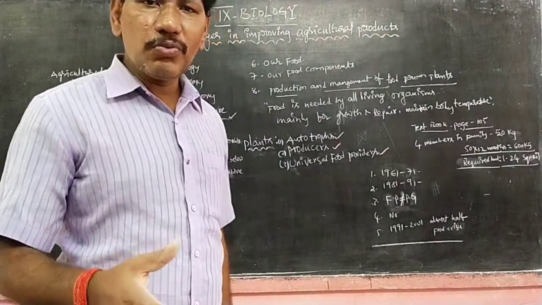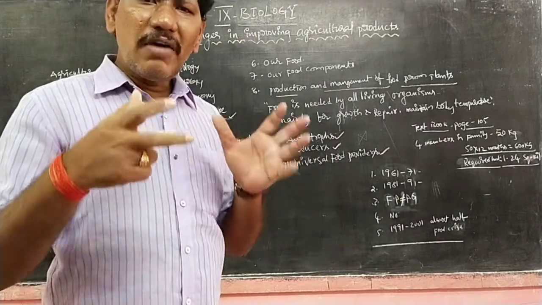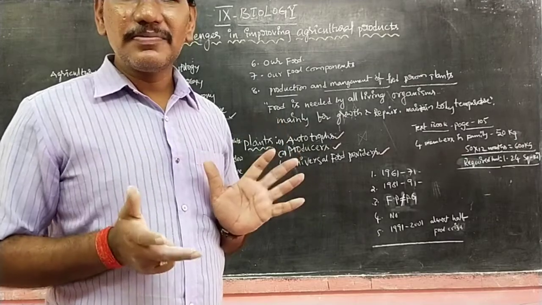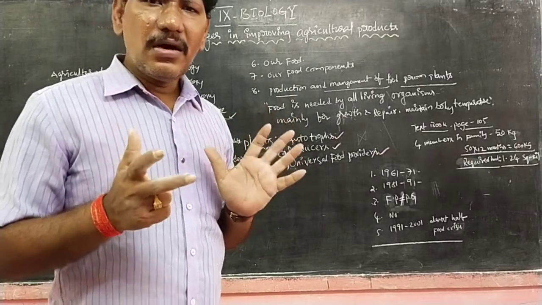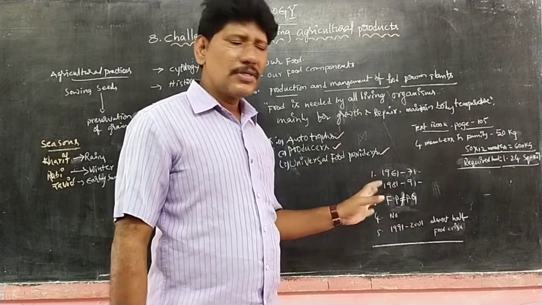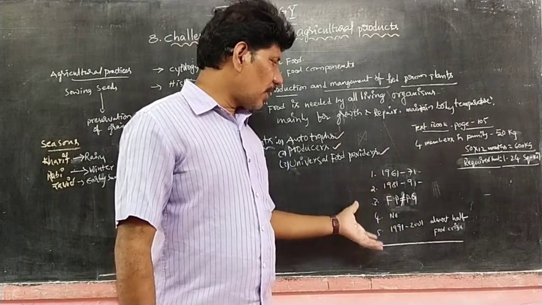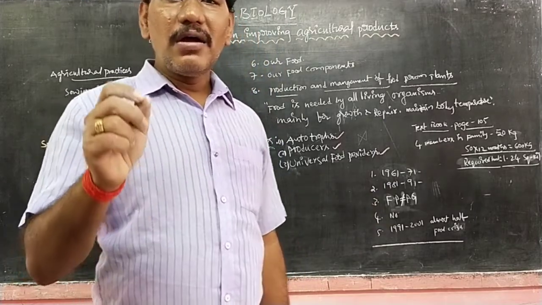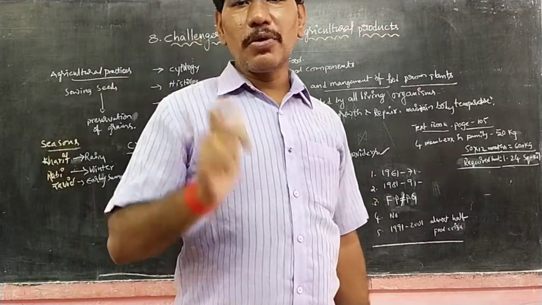When the population growth was highest, half of the people lacked food. They are going to die. It is a very harmful situation for the population. Is that clear, children? The table clearly shows the population growth and food production.